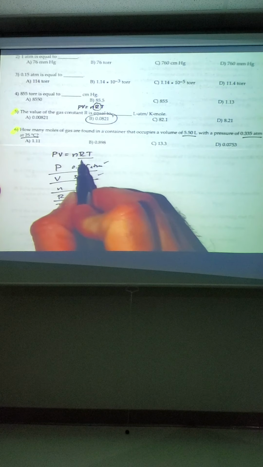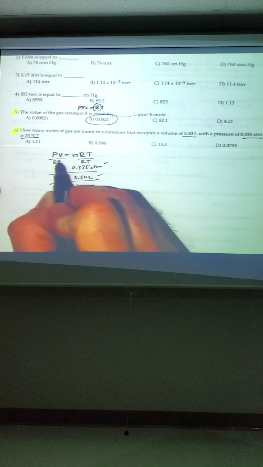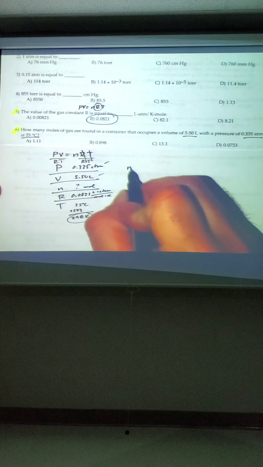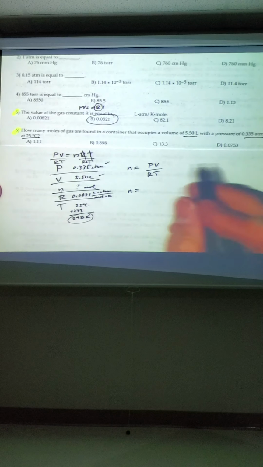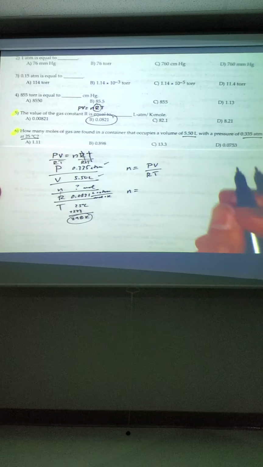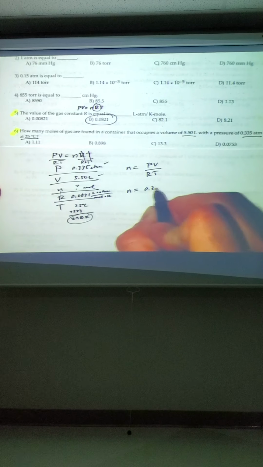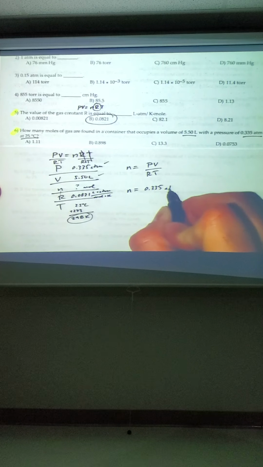So we're solving for n. We need to divide both sides by RT. R's will cancel, T's will cancel. So n equals PV over RT. And we'll just plug in our values straight into this formula and throw them into our calculator. So our pressure was 0.335 atmospheres.